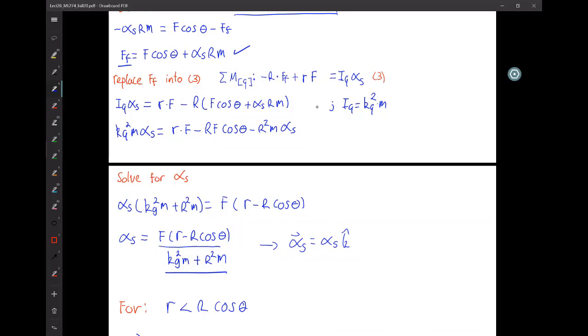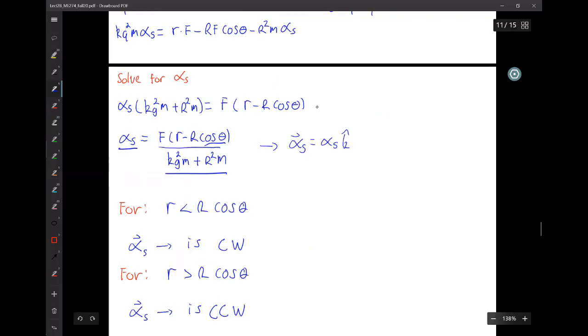What is interesting is the following. It's telling us that depending on how big the angle is, you see, little r is smaller than big R by definition. So cosine of theta needs to make up for that for the angular acceleration to be positive. So let's look again into the geometry.